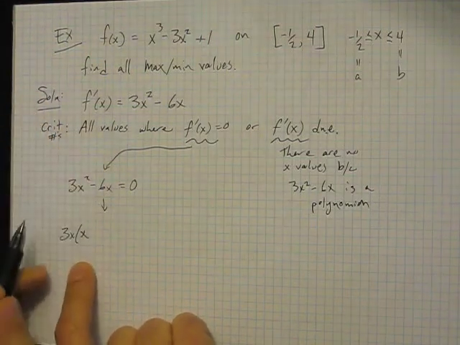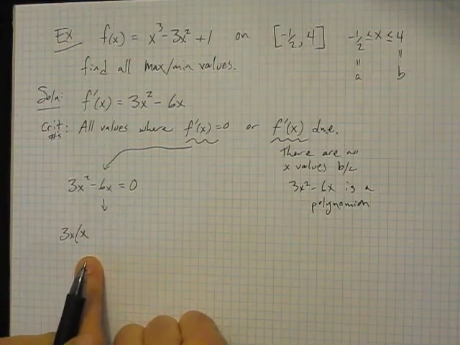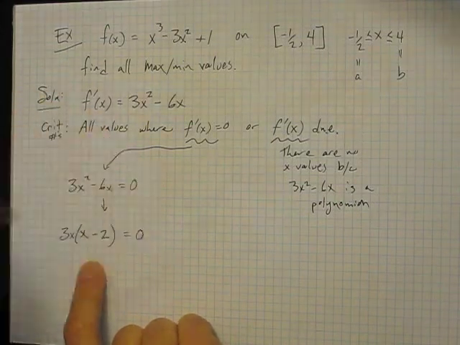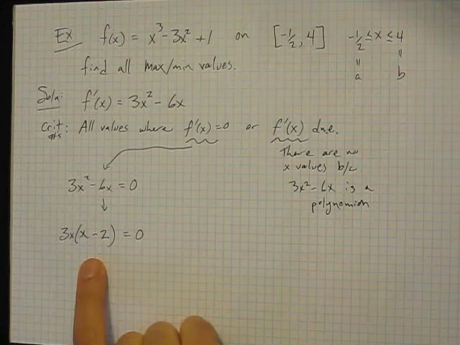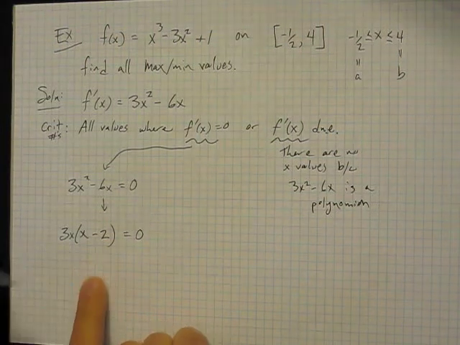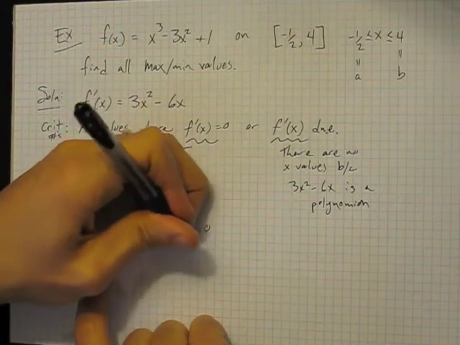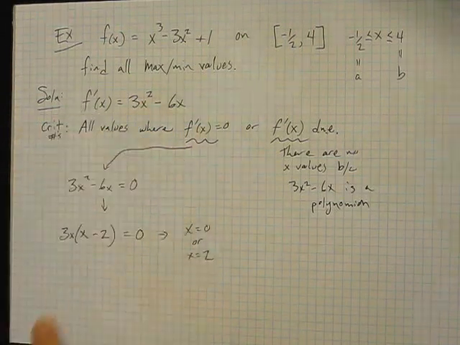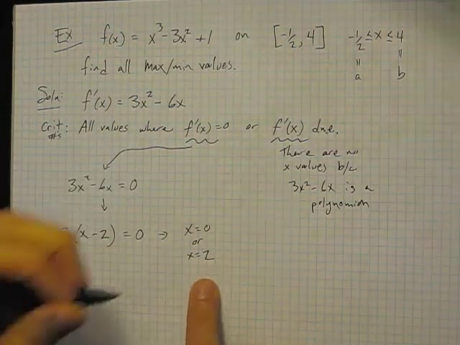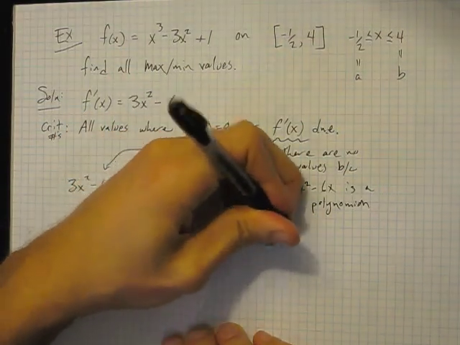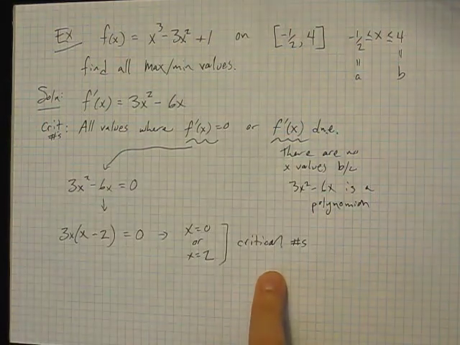If we factor 3x out of this equation here, we get x minus 2 is equal to 0. I think that's right, if my algebra is correct. So that means that x is either equal to 0 or x is equal to 2. Okay. So these are our critical numbers for the function.